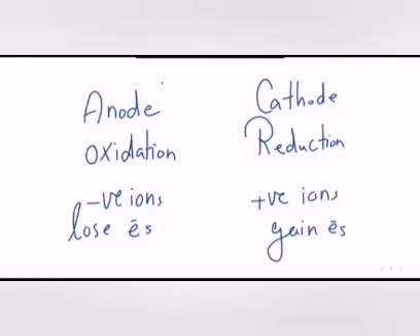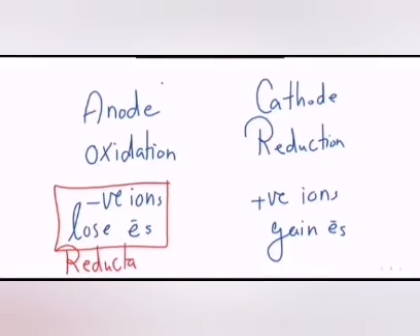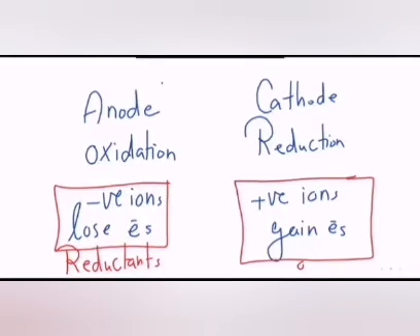So accordingly, I can consider negative ions as our reducing agents. Remember, reductants lose electrons during reactions. And we can consider positive ions as oxidants, where oxidants usually gain electrons during reactions.